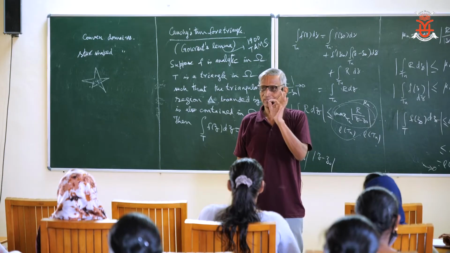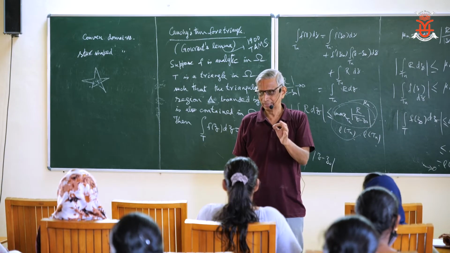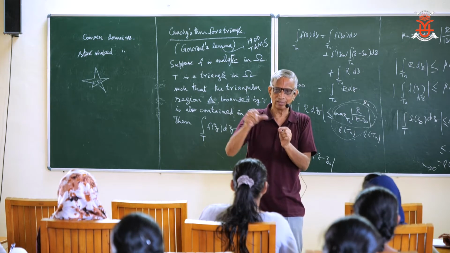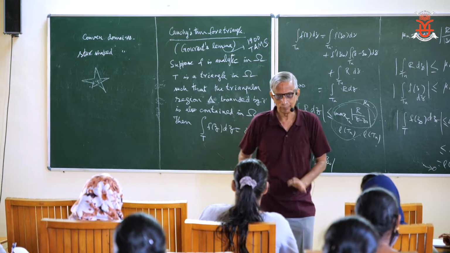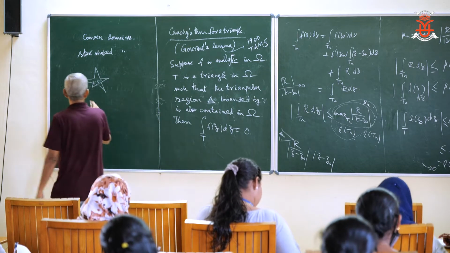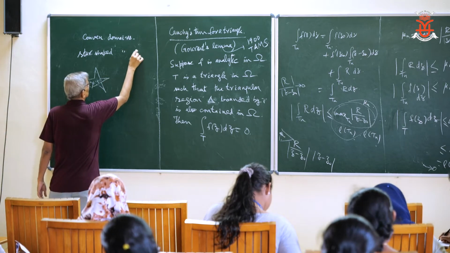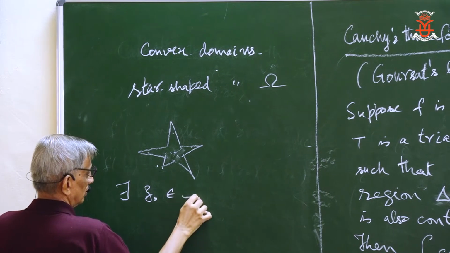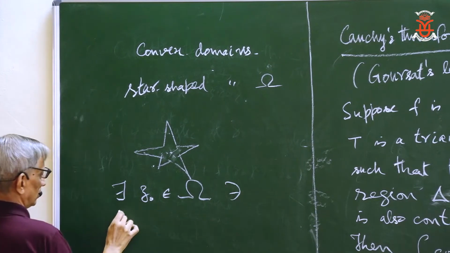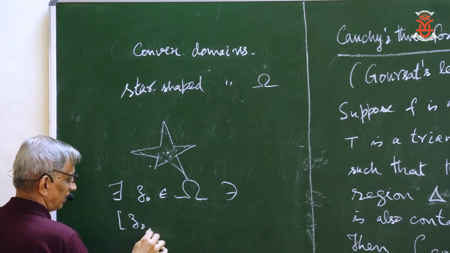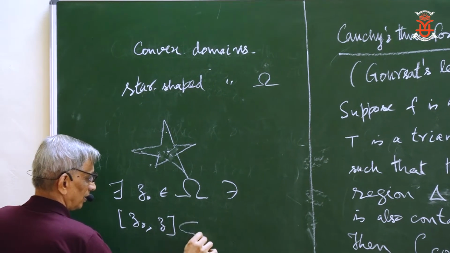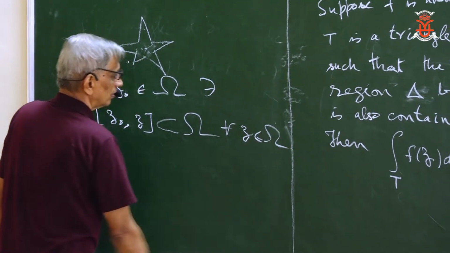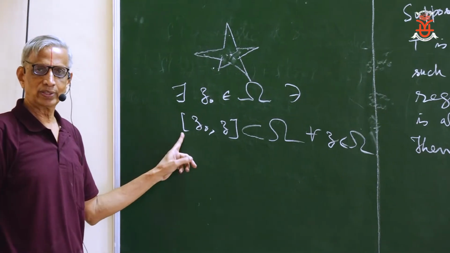A domain in which there is a point, let's say Z0, such that for any other Z in the domain, the line segment joining Z0 and Z lies inside the domain. Right? So line segment, let me write like this, okay? This stands for the line segment joining Z0 and Z.